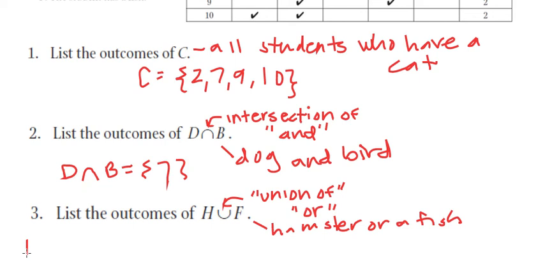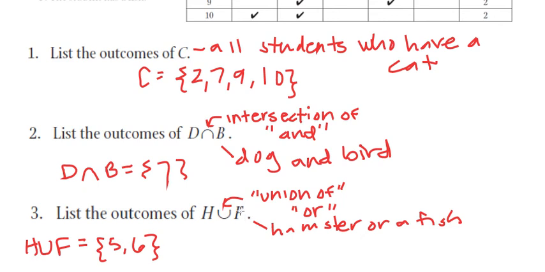So here I just need to go down each row and figure out who has a hamster, then who has a fish. Well, student 5 has a hamster and student 5 also has a fish, but I don't need to list that student again. And then student 6 also has a fish. So that is the union of a hamster and fish.